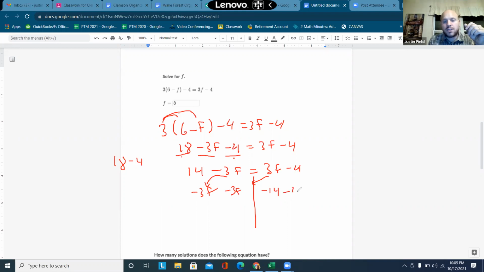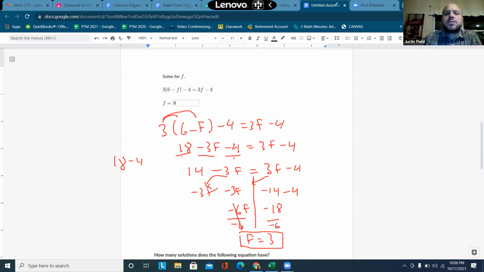Bring down the negative 4. And we're ready to combine like terms. Negative 3 and negative 3 is negative 6. Negative 14 and negative 4 is negative 18. Divide both sides by negative 6. You get 3. Ta-da!